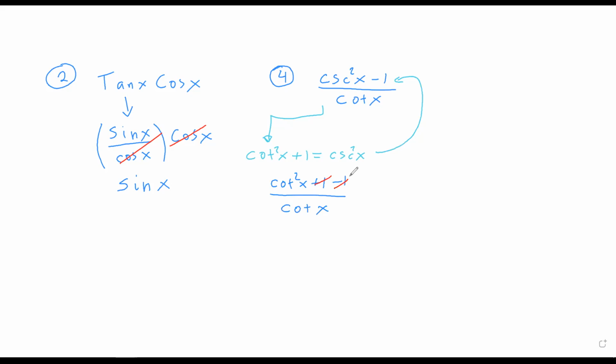The ones are going to get eliminated, and the square is going to get eliminated with a cotangent. And in the end, this is going to be equal to cotangent of x. Okay, that would be correct.